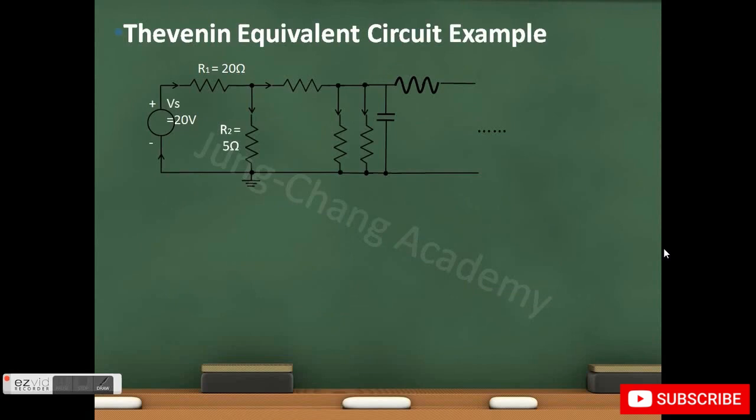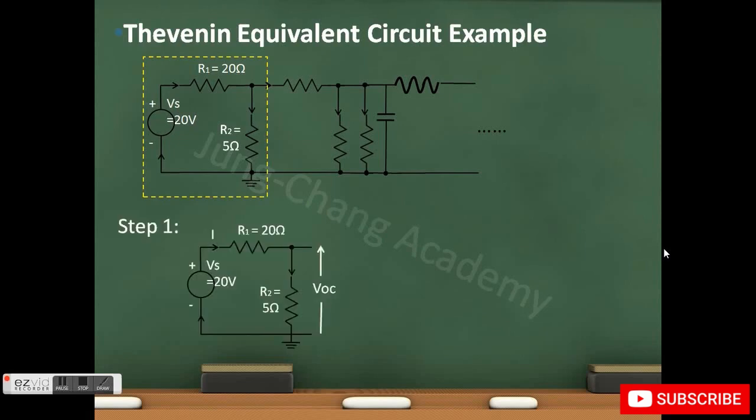Assume we have a circuit like this, and we want to find the Thevenin equivalent circuit of this part. The first step is to find the open circuit voltage VOC. So we open up these two terminals and we want to find the voltage across it. If you look at this circuit, this is in fact a simple case of the voltage divider that we just talked about.